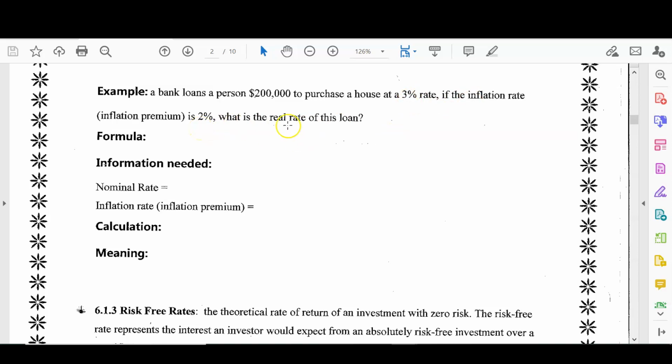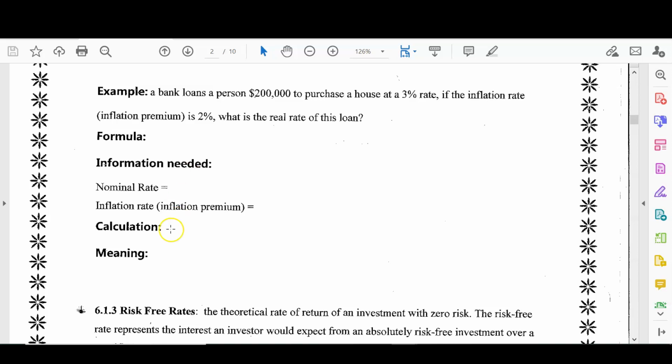We're asking for the real rate, so we have to use the nominal rate minus the inflation rate. So the real rate, which already takes the inflation rate into account, is 1%. You just use 3% minus 2%, so it is 1%.